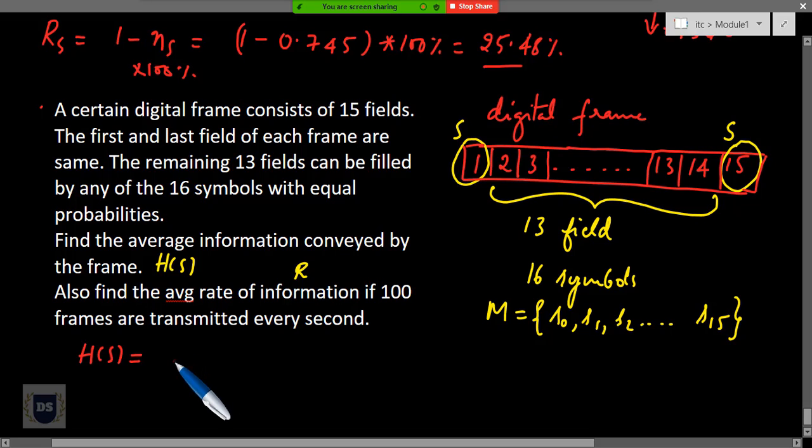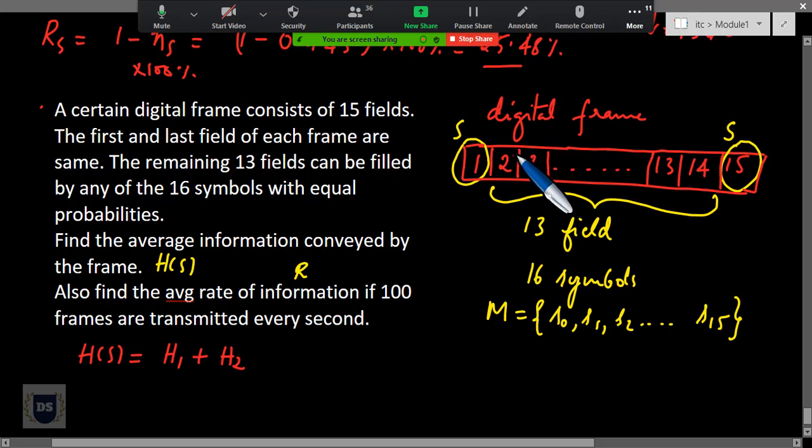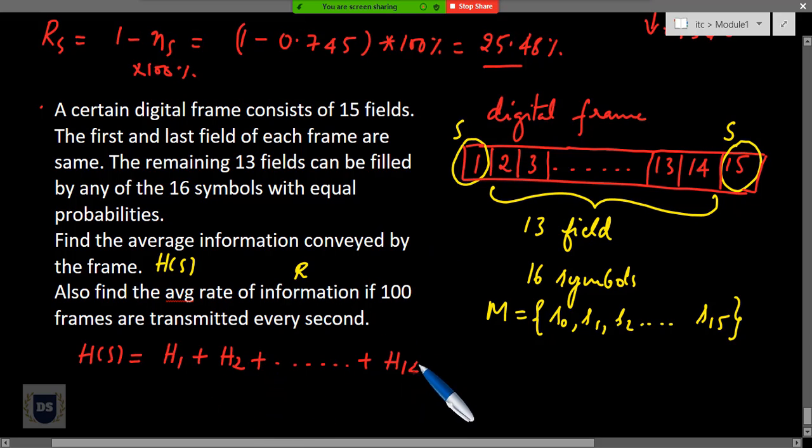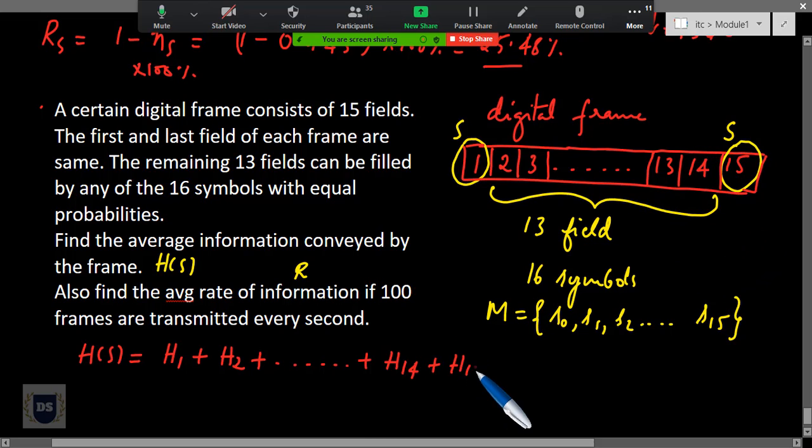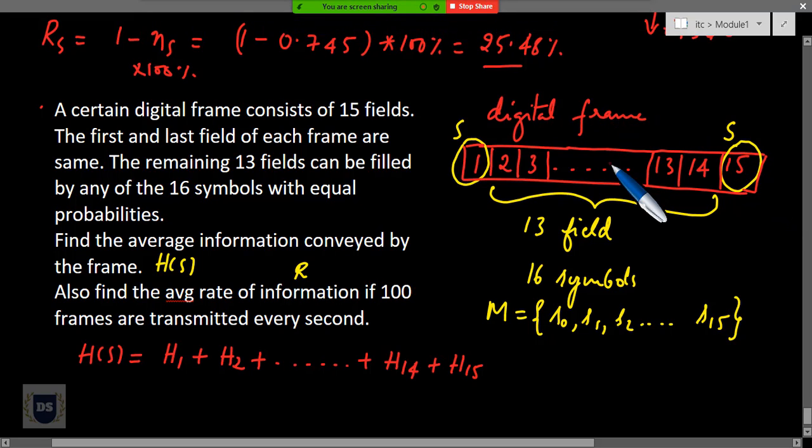So I can think of H of S being equal to H1, where H1 is entropy due to field number 1 in a single digital frame, plus H2, that is entropy due to the second field in a digital frame, plus likewise H14 as entropy due to field number 14, and finally H15, that is entropy due to field number 15 of a single digital frame.